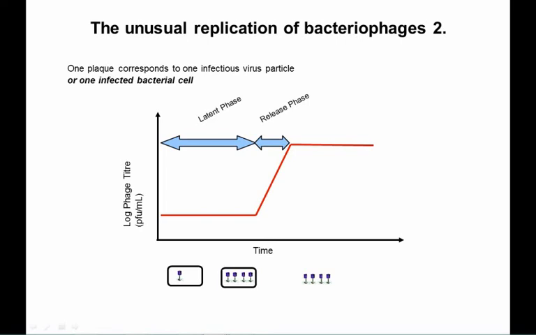They attach on the outside of the cell and go inside the cell. And then during the latent phase, they grow inside the cell, so we get more and more. And then during this phase, we have release. So this cell is going to explode and release these infectious phage particles. That's the first model.